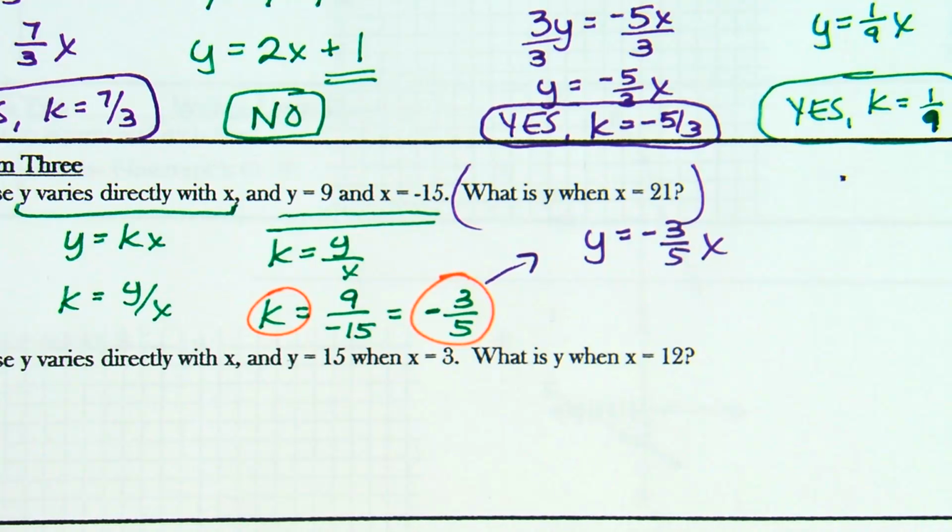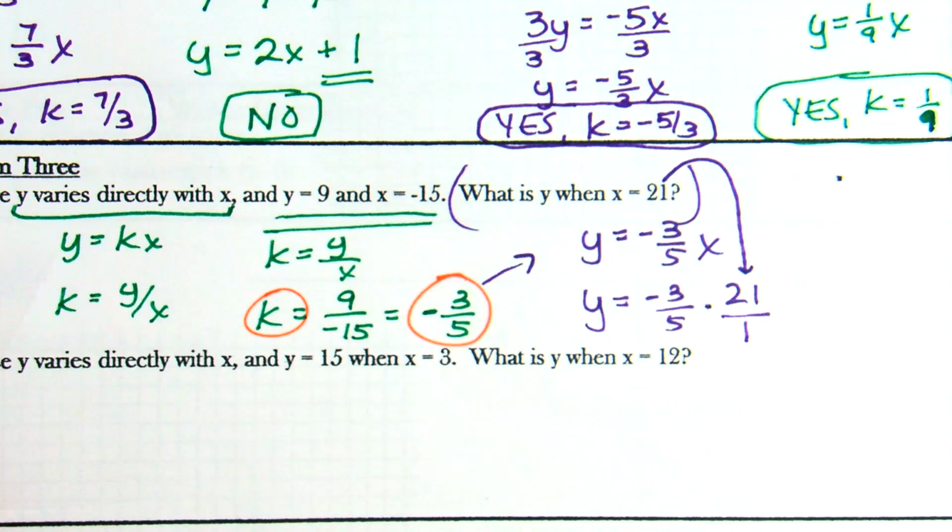Okay, so we're going to plug it in. We take y equals negative 3/5 times x, which is 21. What is 21 as a fraction? 21 over 1. I do that because I'm going to have to multiply.